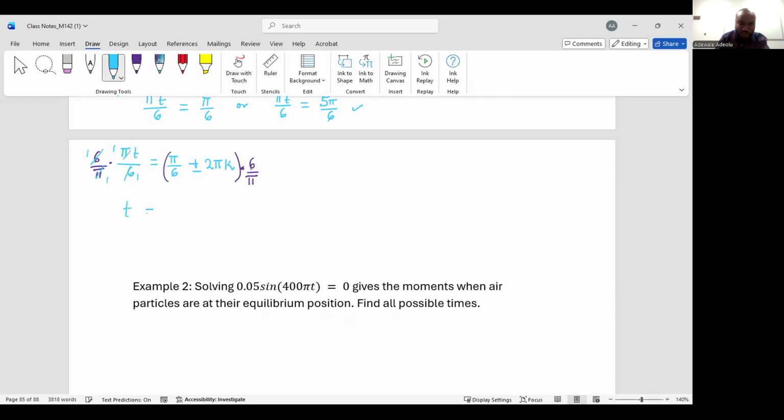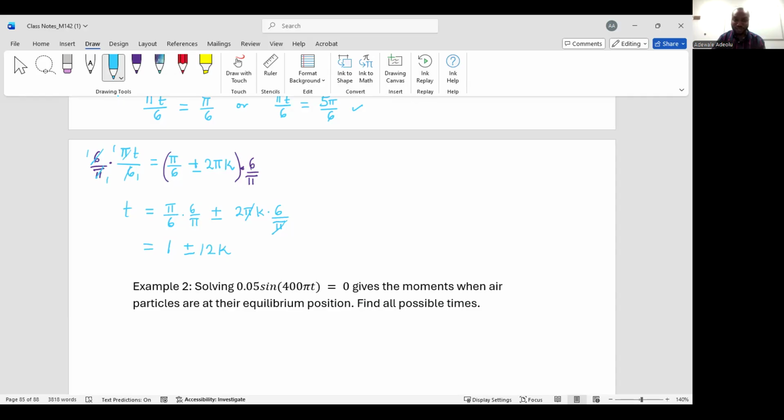So I have t equals pi over 6 times 6 over pi plus or minus 2 pi k times 6 over pi. And this is 1, plus or minus pi will take care of pi, so that is 12k. So that is, it is going to happen at 1 hour, then plus or minus 12k.